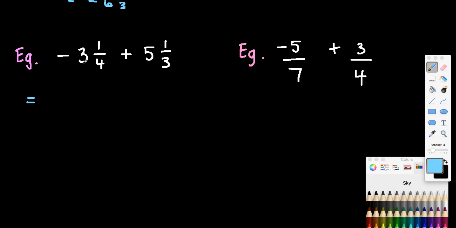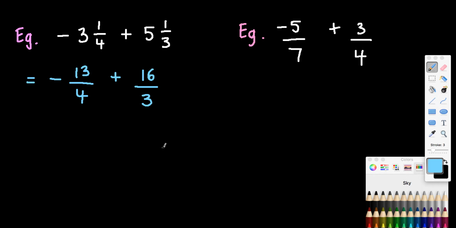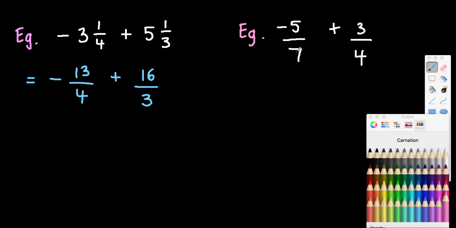If I do it the first way, say I've got this negative number, I'll just leave it out the front there. 3 4s are 12, plus the 1 is 13, so I've got 13 over 4. And I'm adding, so 5 3s, 15 plus 1 is 16, 16 over 3. Now, the reason it probably would have been a good idea just to convert the little fraction here is now I need to get the same denominator.